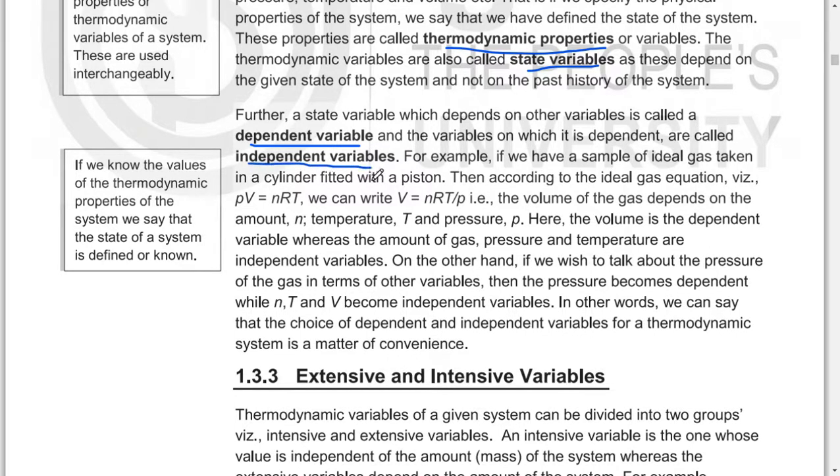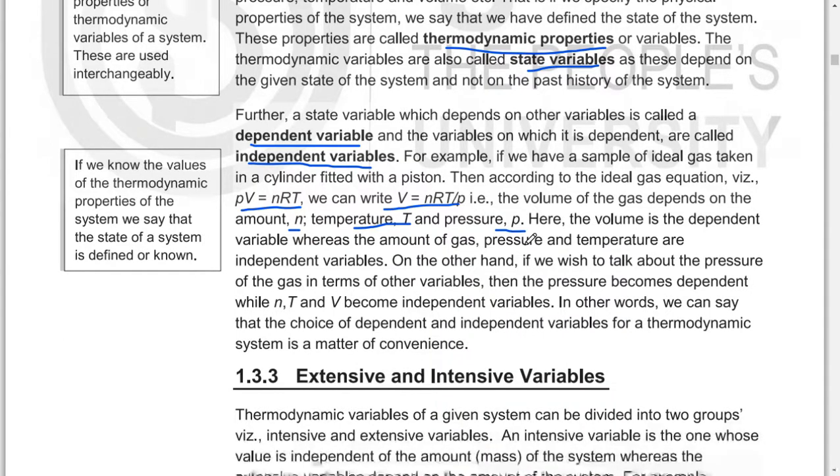For example, if we have a simple sample of ideal gas taken in a cylinder fitted with a piston, then according to the ideal gas equation PV = nRT, we can write V = nRT/P. That is, the volume of the gas depends on the amount n, temperature T, and the pressure P. Here the volume is the dependent variable, whereas the amount of gas, pressure, and temperature are independent variables.